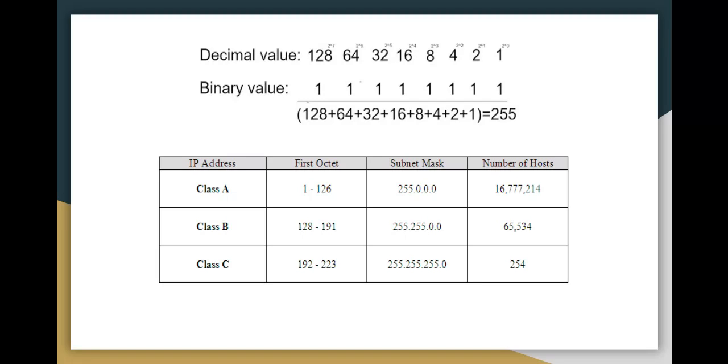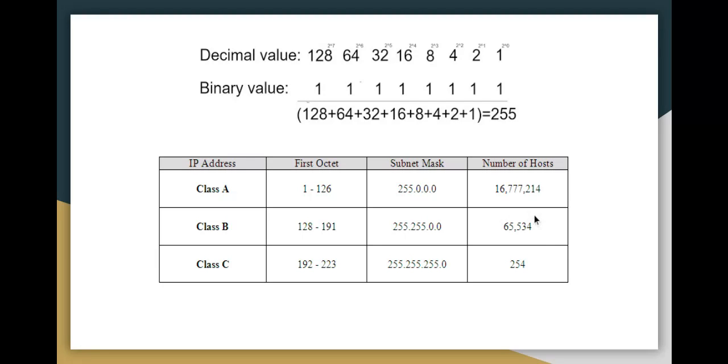So we're doubling all the time, and when we add all those numbers up, it gets to 255. If we do the same for Class B, we carry on, so it'd be 2 to the power of 8 for the next bit, then 2 to the power of 9, 2 to the power of 10, and so on.